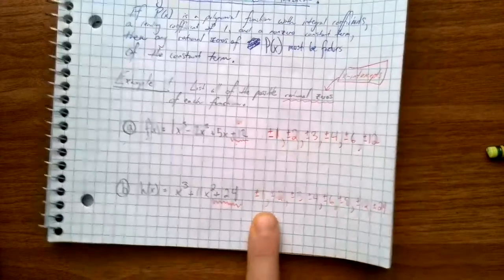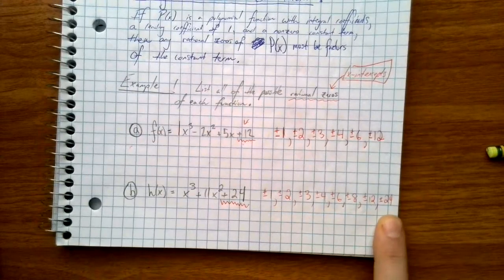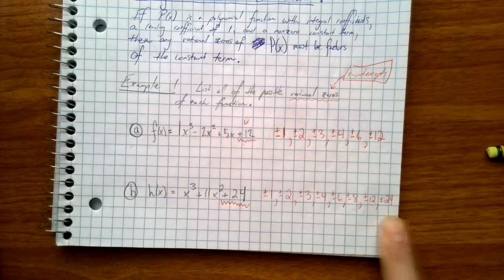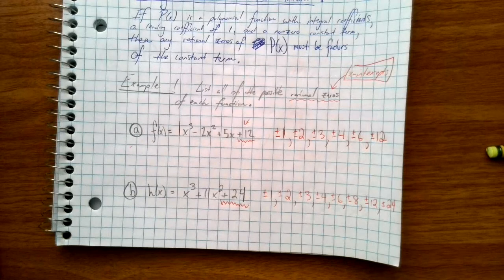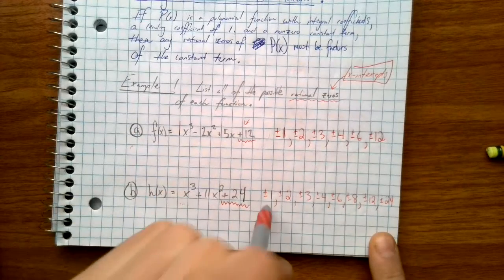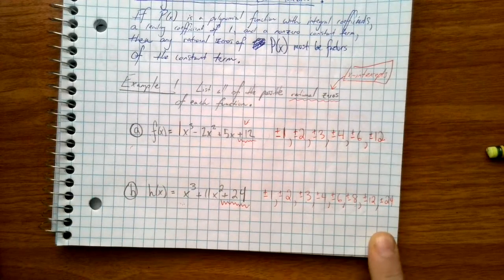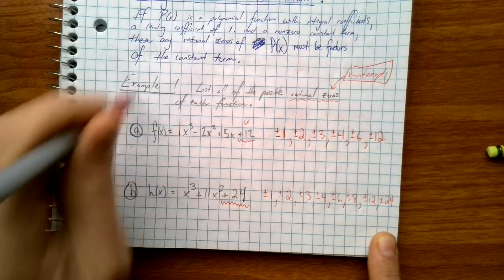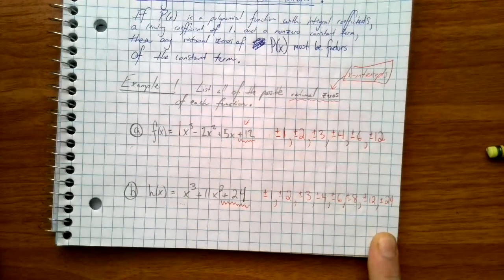And so all I did was list all of the positive and negative factors of 24. And once again, if we were to graph this, where this function crosses the x-axis would have to occur at some of those values. All right, that is literally it. That is all we are asking you to do on this particular example. Moving on.